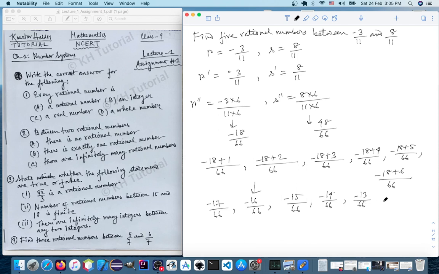We have been asked to find five rational numbers, so the last one is not required. So these are the five rational numbers that we have found between minus 3 by 11 and 8 by 11.